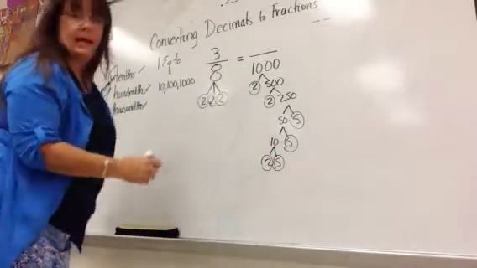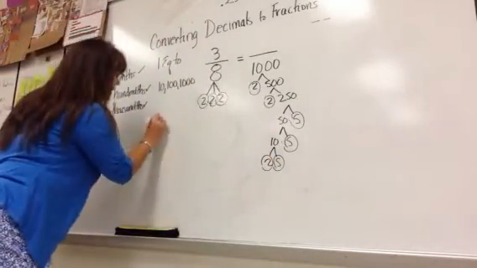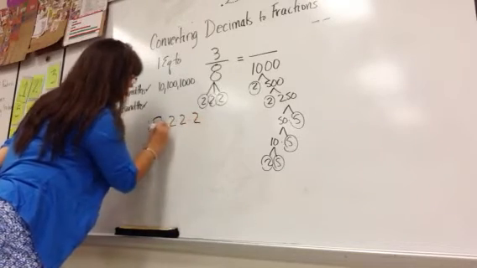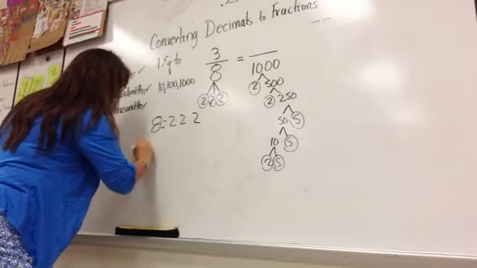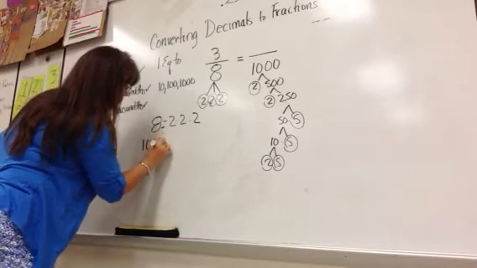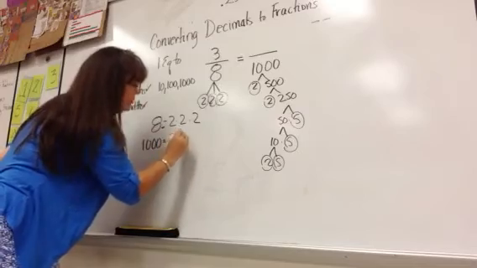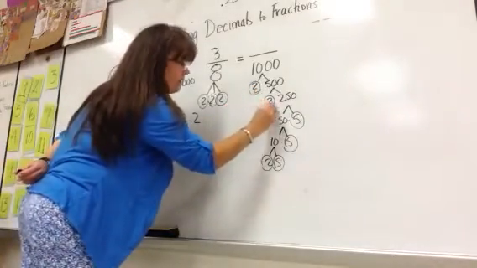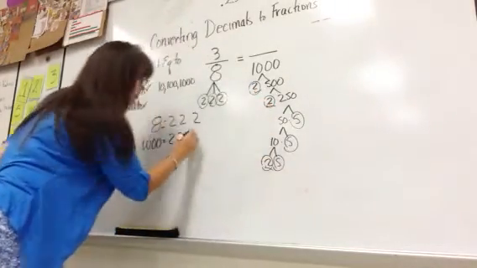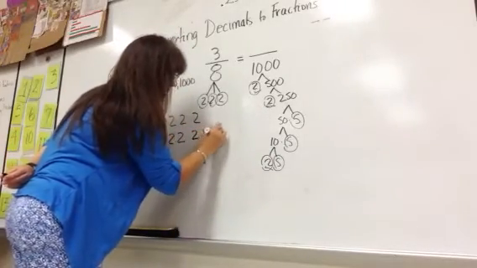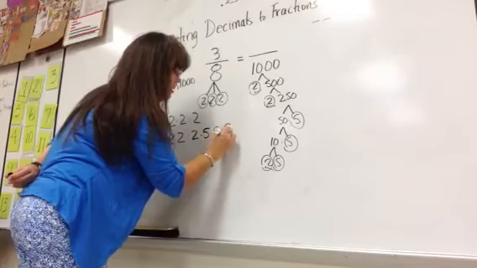So now let's stack. Stack for my 8 is 2 times 2 times 2. Stack for my 1,000 is going to be 2 times 2. I got that 2, I got that 2. There's another 2 times 2 times 5 times 5 times 5.